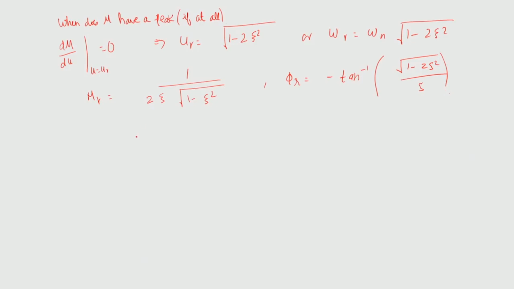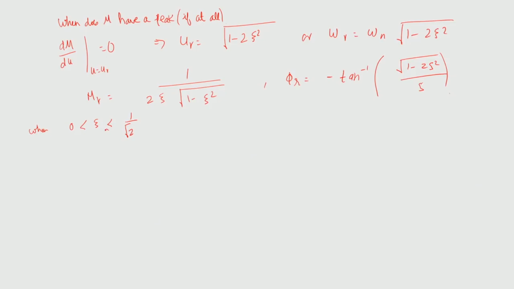Let us see what happens when zeta is between these values. From this expression, when zeta goes to 1 over square root 2, I see that this goes to 0, right. So, can also put an equality here.